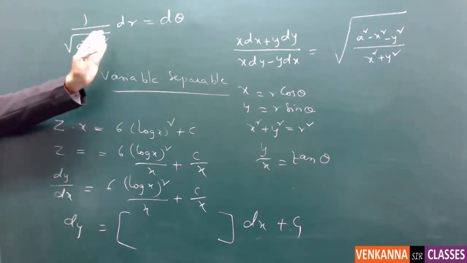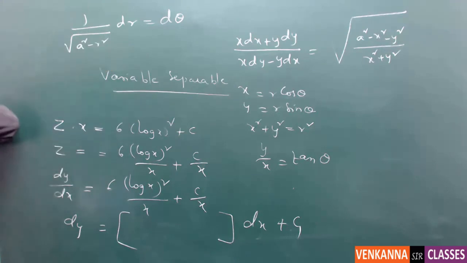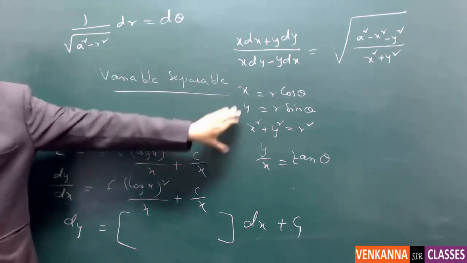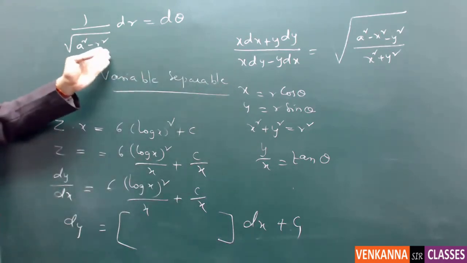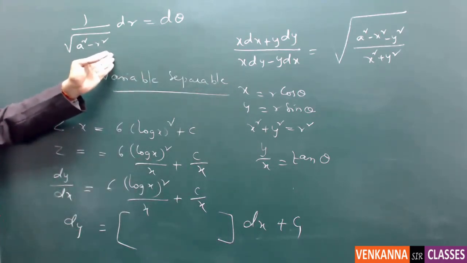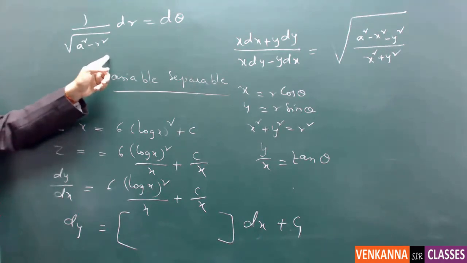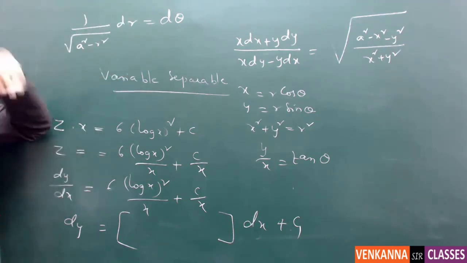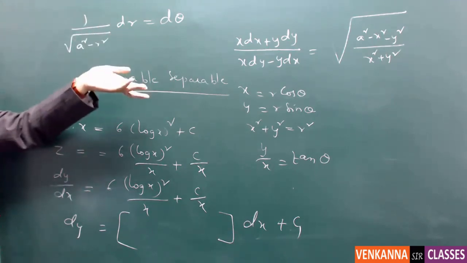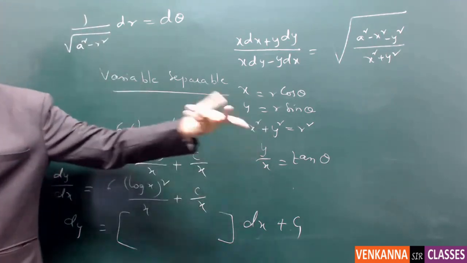Straight away you can integrate that. Fine. Substituting these values, simplifying the whole terms, you are going to get 1 by square root of a square minus r square into dr is equal to d theta. So in the end, in place of r square, we substitute this value. That's it.